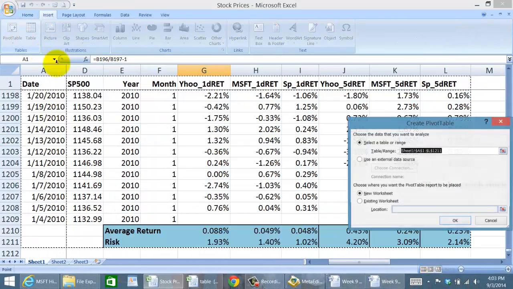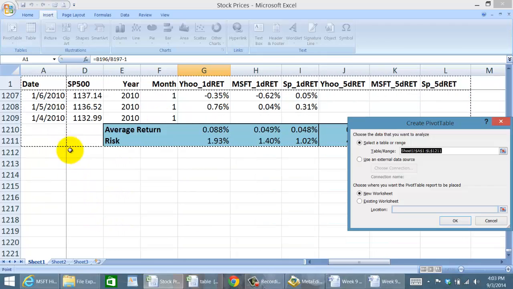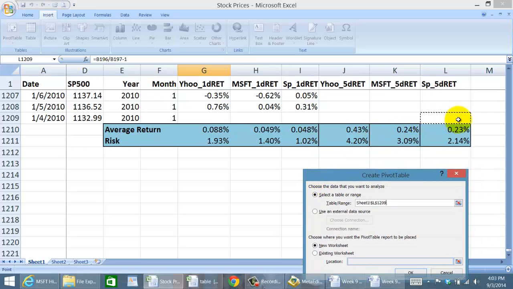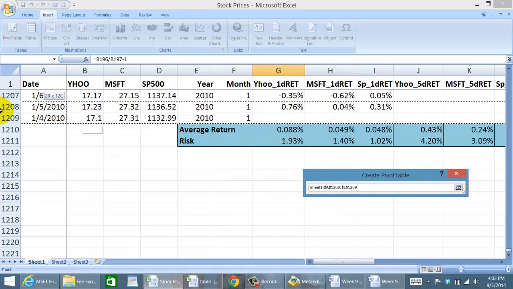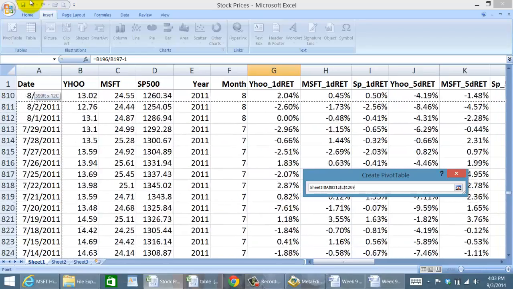Click Insert Pivot Table. Now see over here, Excel selects the last two rows which we don't want, right? So you have to manually select what you want, excluding that summary, average, and risk.